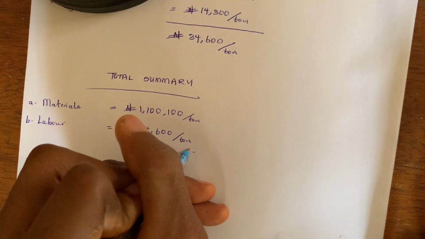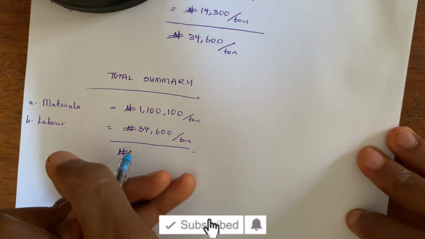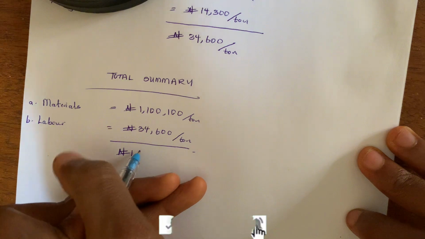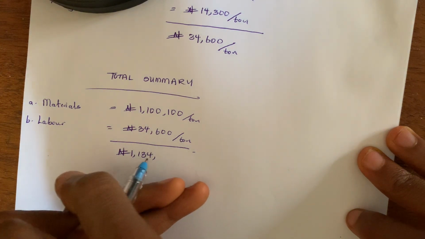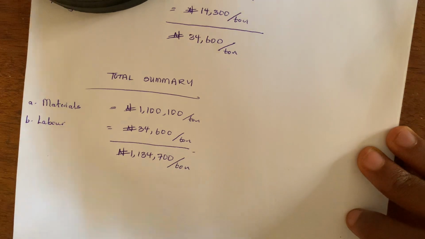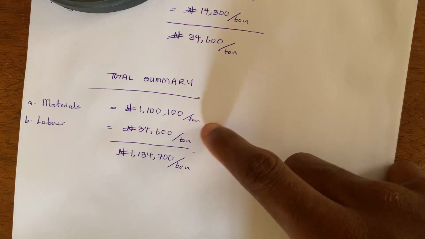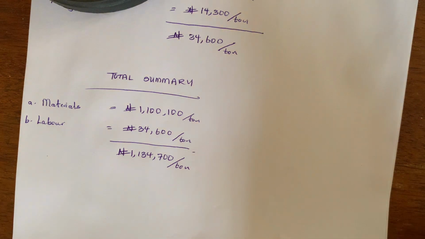When we add the two of them together, we're going to be having 1,134,700 naira per ton. So this is what we'll be spending for both our materials and our labor per ton.